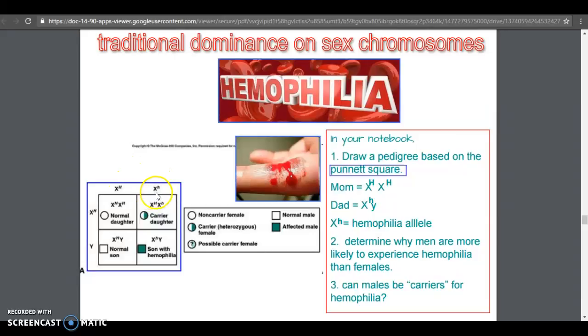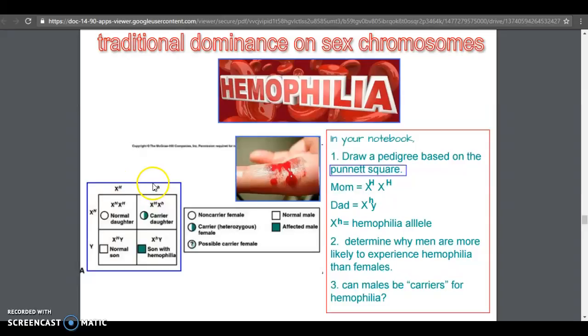So you draw mom with a circle, and you'd label her X with a dominant H, and X with a recessive h. And X is the X sex chromosome. So X represents the chromosome, and H represents the dominant allele on that chromosome.